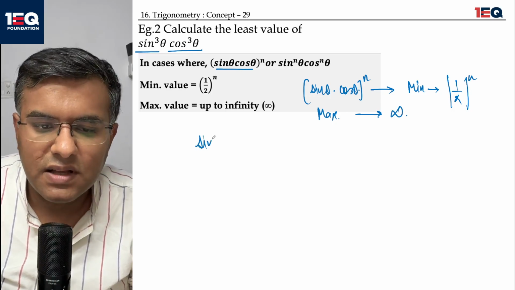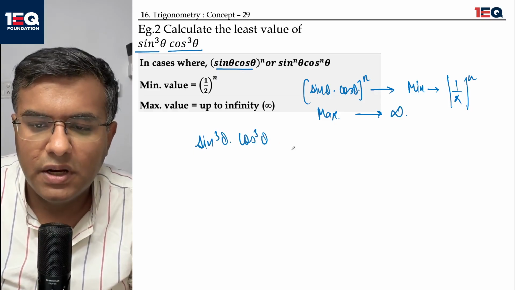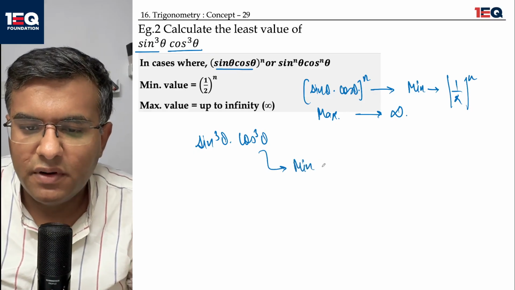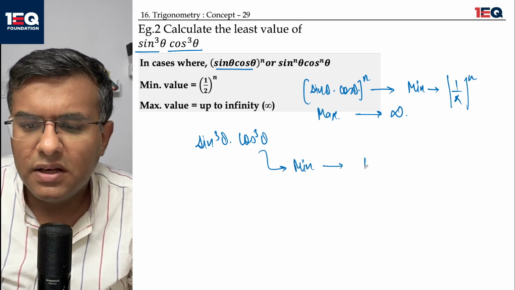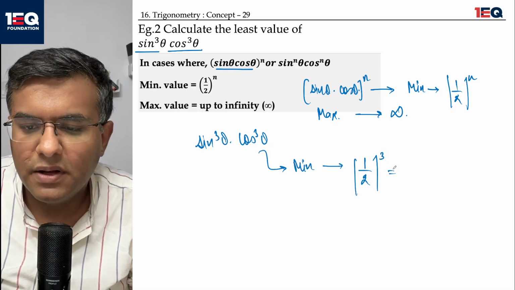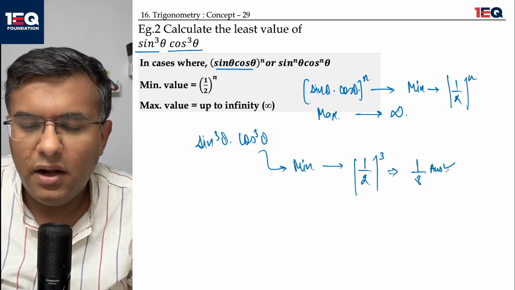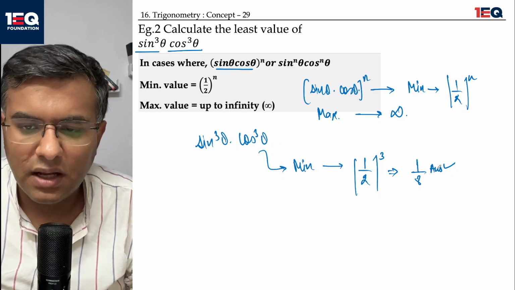So in this case, I have sine cube theta into cos cube theta. Here, we need to find out the least value. The least value is going to be 1 by 2 raised to the power 3, which is nothing but 1 by 8, and this is the answer, right? 1 by 8, and this is the answer.